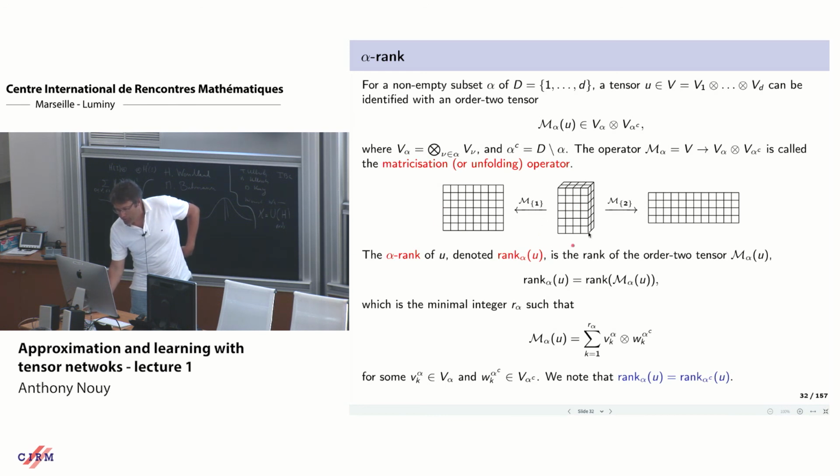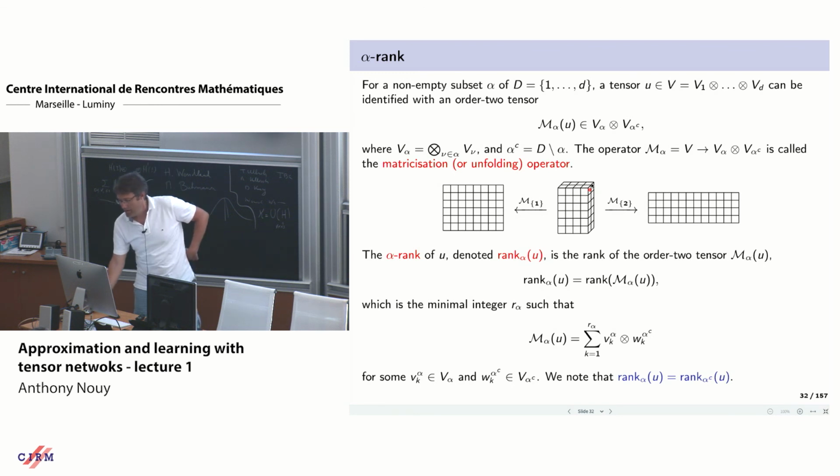I have an order 3 tensor represented by this hypercube or hyperrectangle, and the matricization associated with the first dimension will give you a matrix whose columns are what is called the different fibers, all the columns that you can see here in the two slices.